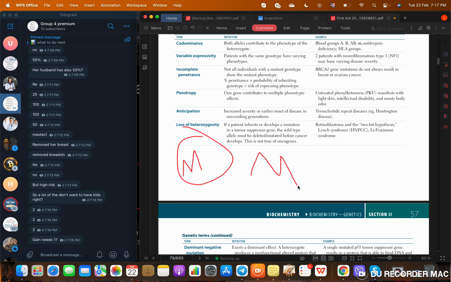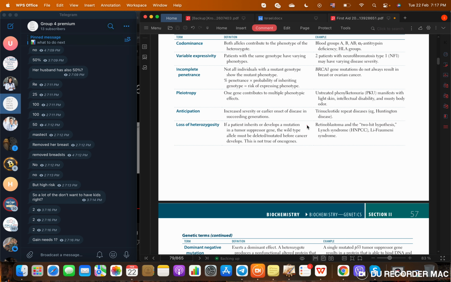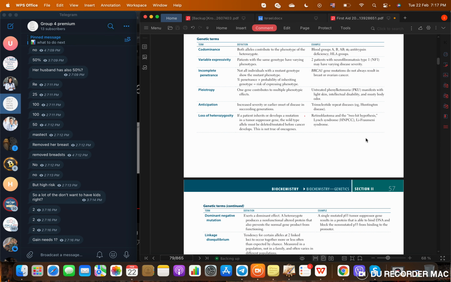Retinoblastoma and the two-hit hypothesis: retinoblastoma is caused by an RB tumor suppressor gene mutation, so that requires both mutations. Also Lynch syndrome, which is hereditary non-polyposis colorectal cancer, and Li-Fraumeni syndrome, which has the cerebellum mnemonic, if you remember.